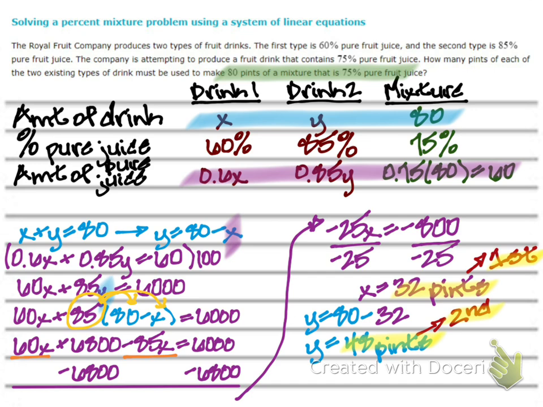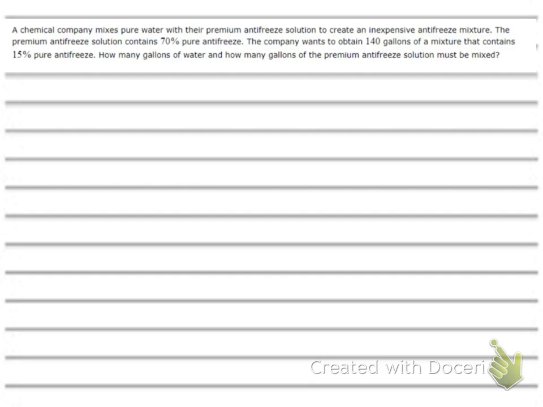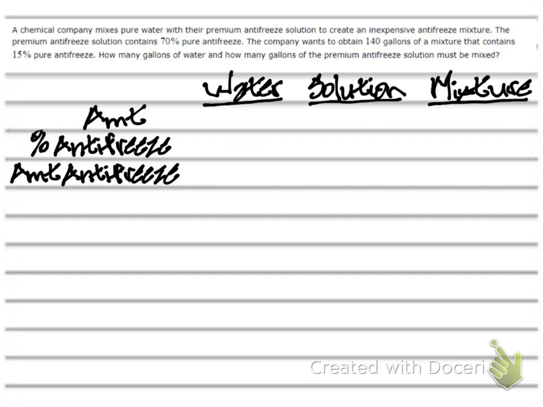Let's look at another example. I have a chemical company that wants to mix pure water with their antifreeze solution to create an inexpensive mixture. Okay, so we're going to be looking at antifreeze and water. So first, we're going to fill out this chart. We have the amount, the percent of the antifreeze, and then the amount of antifreeze.